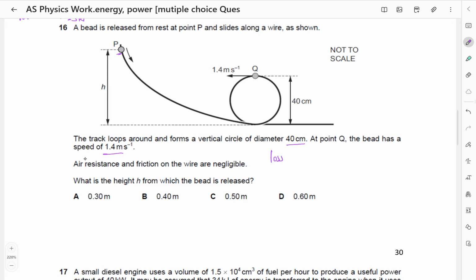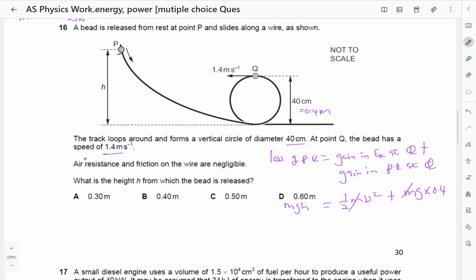So the loss of potential energy will become the gain in kinetic energy at Q plus the gain in potential energy at Q. So mgh is going to be equal to the gain in kinetic energy, which is a half mv squared, plus mg times the height here, which is 0.4 in meters. So m has cancelled out throughout.